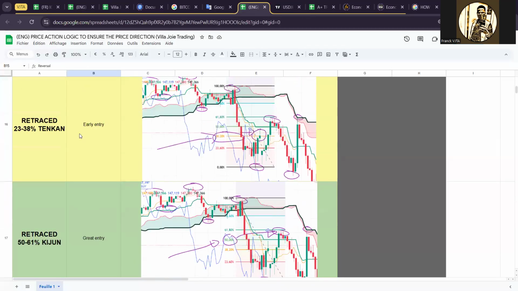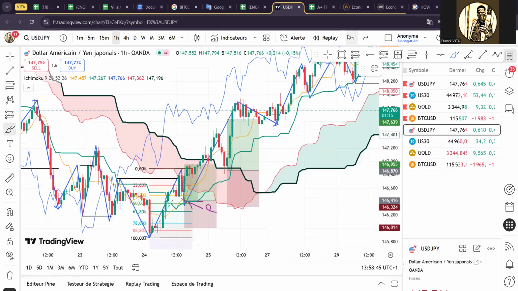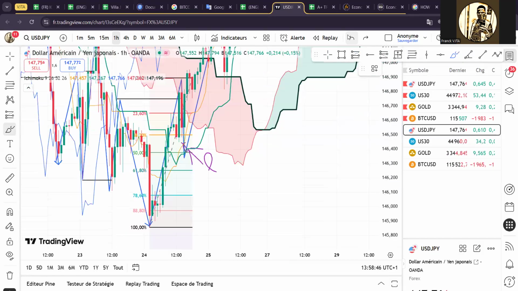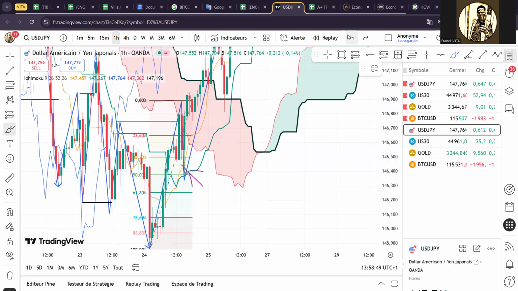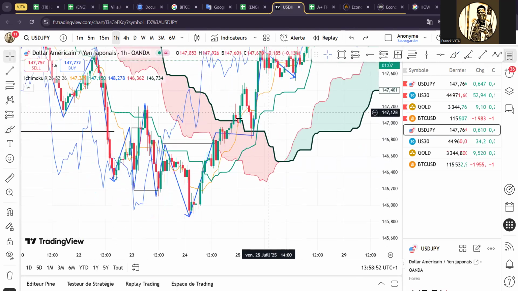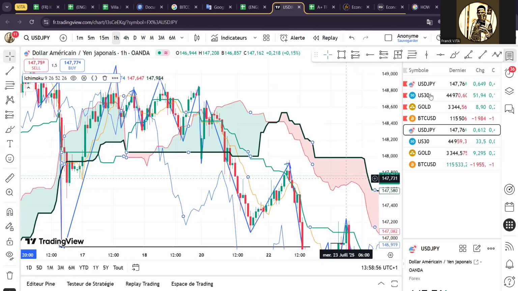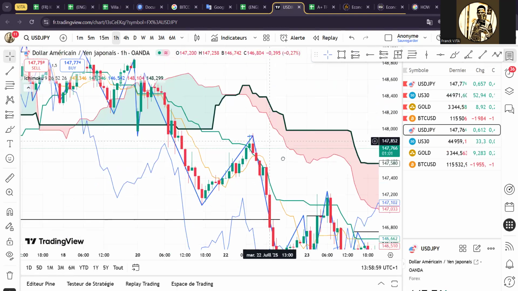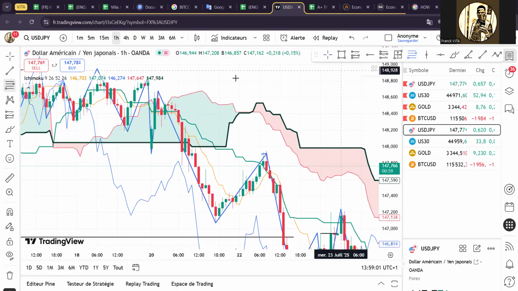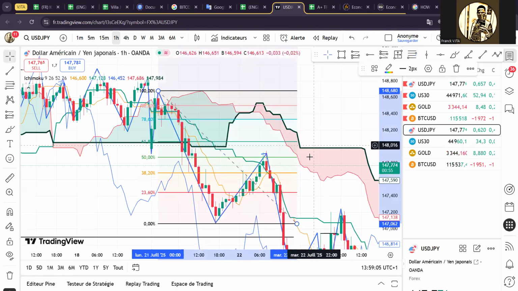But now we have Kijun. Most of the time, let us take this downtrend for example, you will see that Kijun is a 50% Fibonacci retracement.